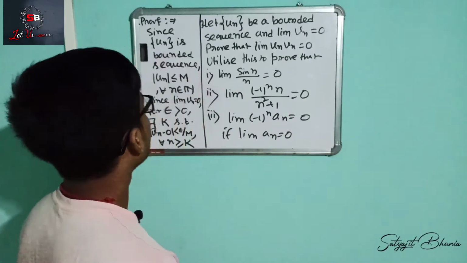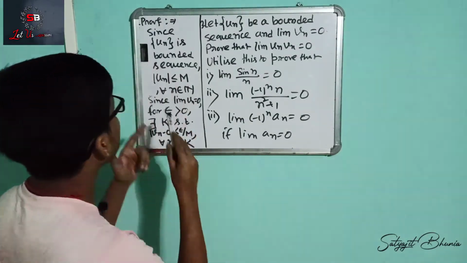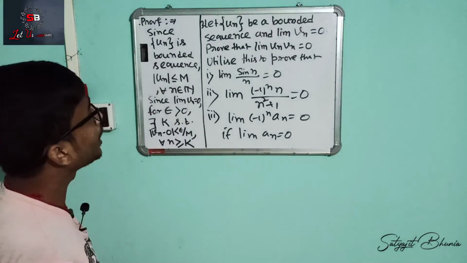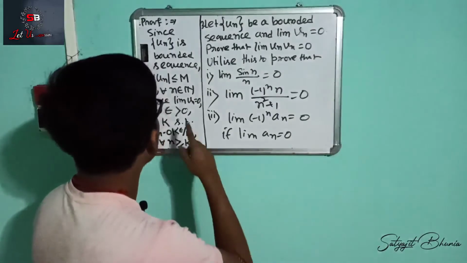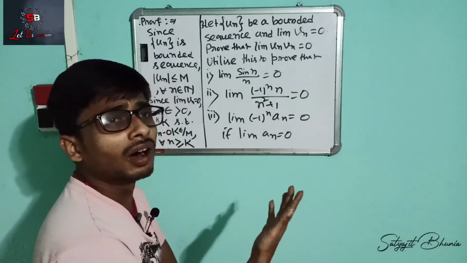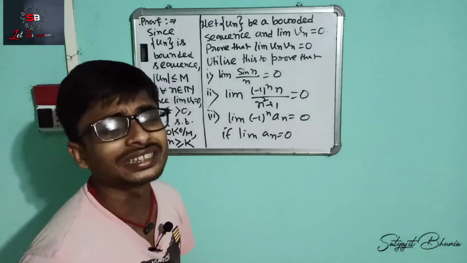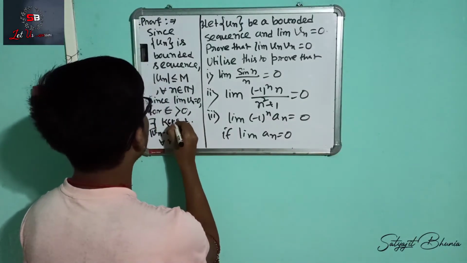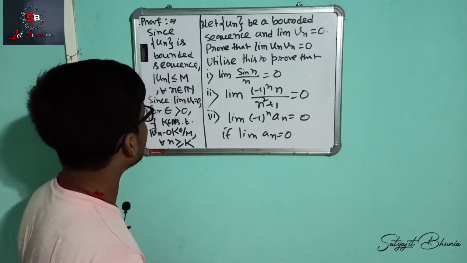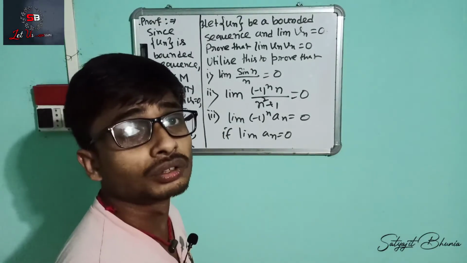Okay, so because un is a bounded sequence, we can write mod of un is less than or equal to M for all n belongs to capital N, and since limit vn is equal to 0, for a pre-assigned epsilon greater than 0 there exists a k belongs to N, the set of natural numbers, such that mod of vn minus 0 is less than epsilon by M for all n greater than or equal to k.